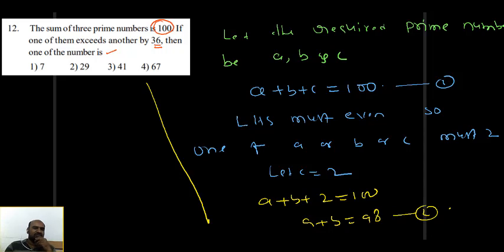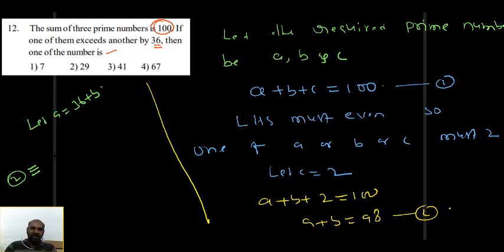Next, what is given? One number exceeds the other by 36. Already we decided C, so the relation is between A and B only. One number exceeds the other number by 36 means let A equal to 36 plus B. Take the second equation.